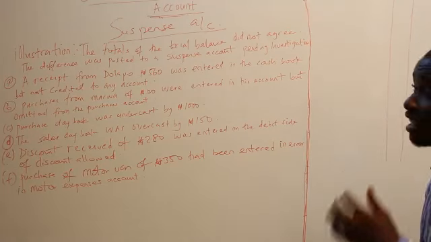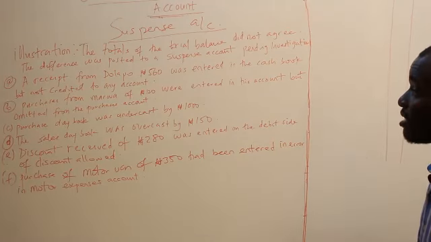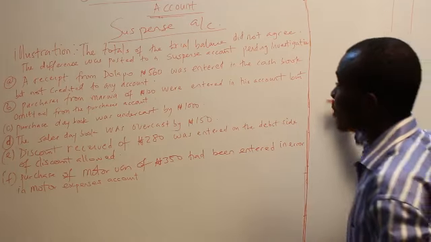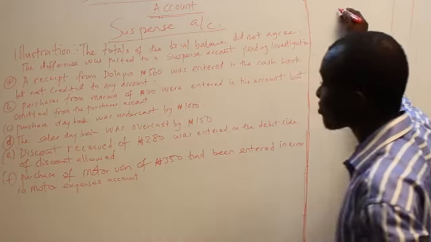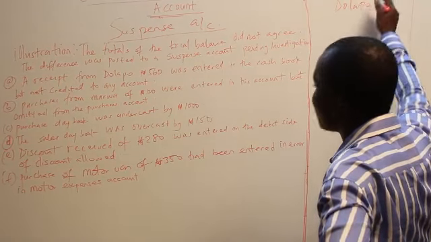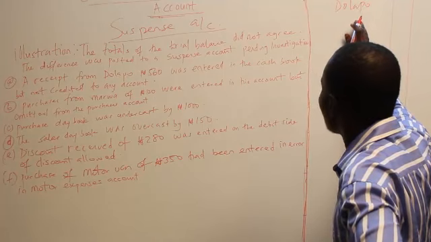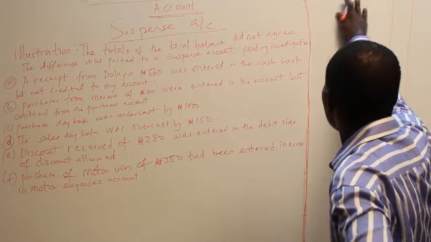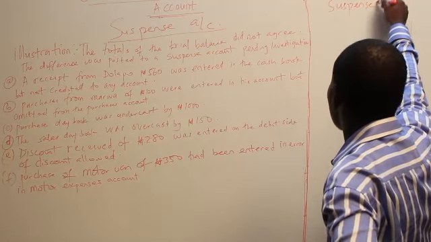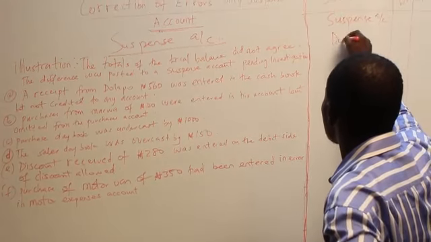That is a one-sided omission, and that is going to affect the trial balance. So we are going to have the suspense account debited, and Dolapo's account credited.